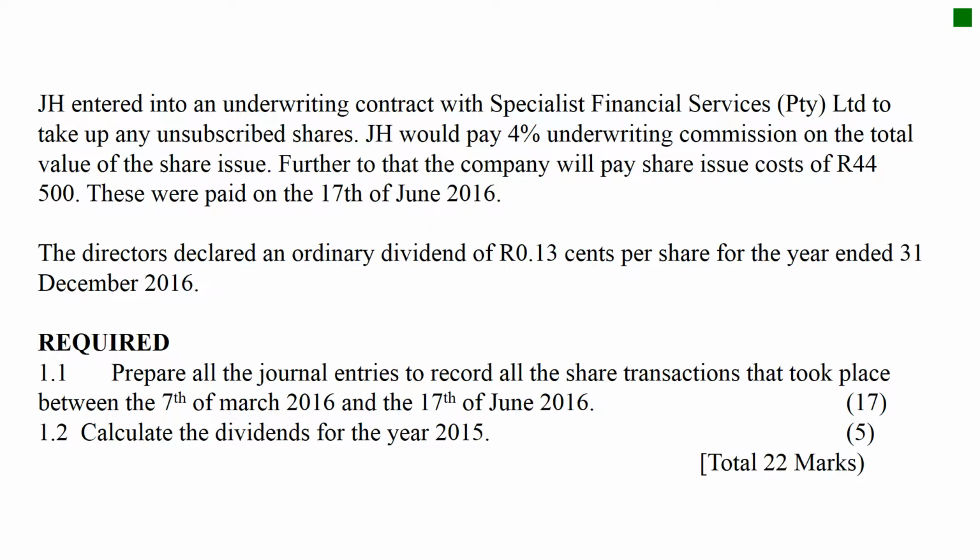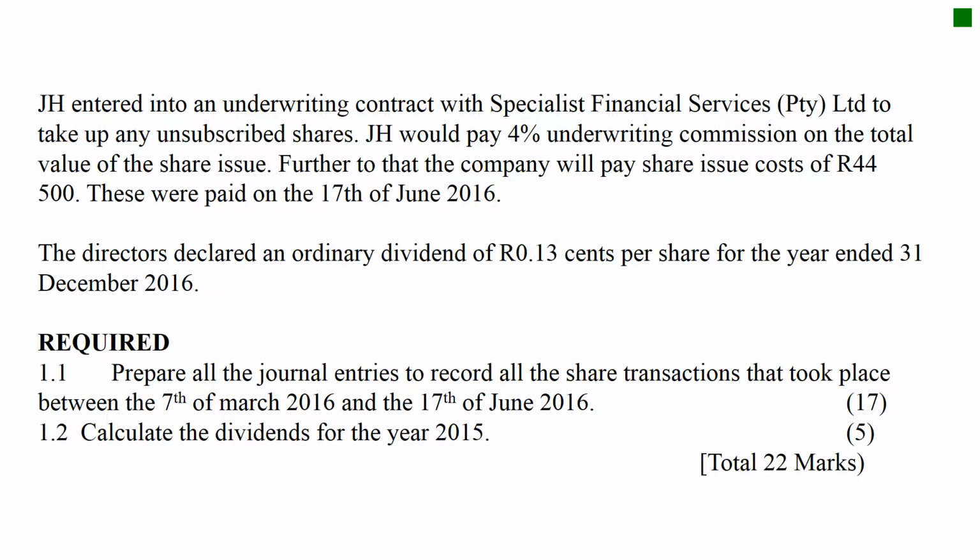Required: the first part requires us to prepare all the journal entries to record all the share transactions that took place between the 7th of March 2016 and the 17th of June 2016, for 17 marks.